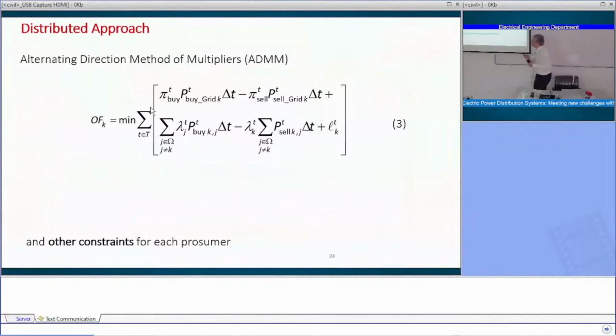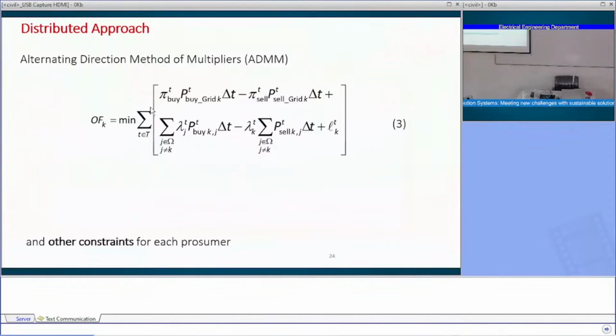So this is the distributed version in which the objective function is for each user case. So each user has his own objective function. You see that it is augmented with respect to the objective function in the centralized optimization.